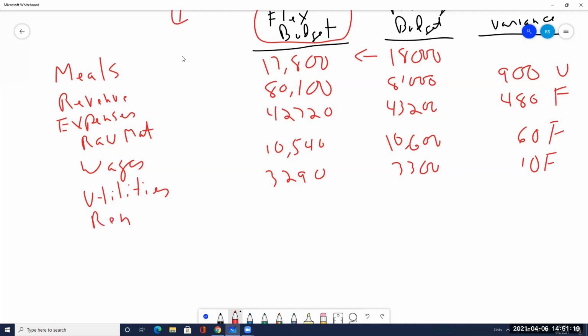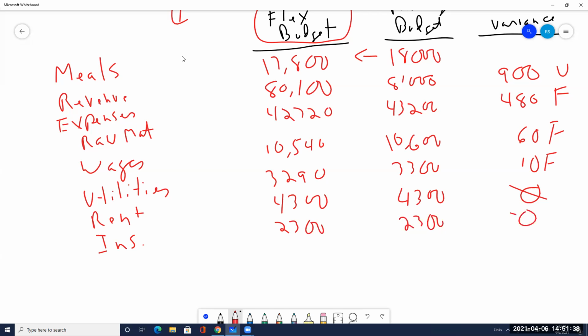Rent and insurance. Those don't have any variance.